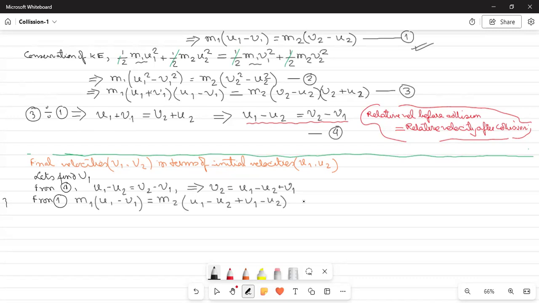From here we get m1 u1 minus m1 v1 equal to m2 u1 minus 2 m2 u2 plus m2 v1.